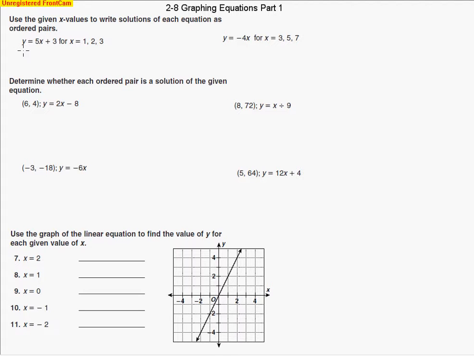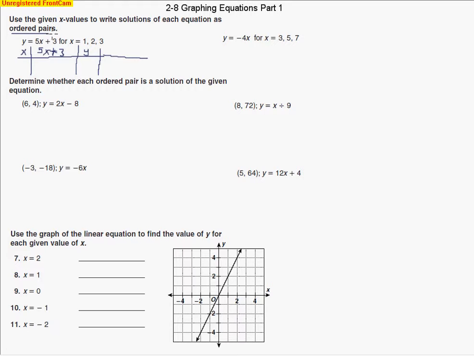So we're going to make a little chart. We've got our x values, and then we're going to put those into this function 5x plus 3. And then this is going to give us a y value, and then from there we can do what they're asking us to do, which is write an ordered pair.